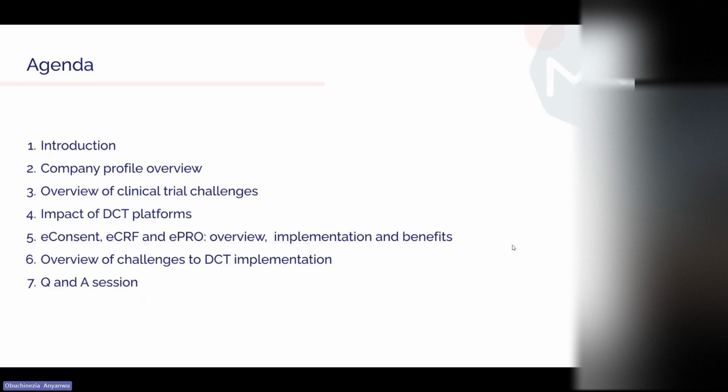We'll look at the impact of DCT platforms, and then we'll specifically look at the aforementioned core components. And then there'll be a brief overview of challenges with regards to decentralized clinical trial platform implementation, and then a brief Q&A session.